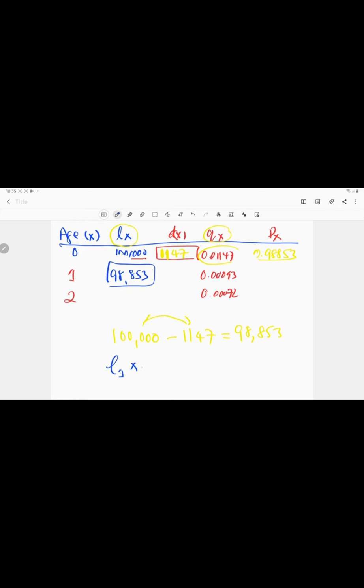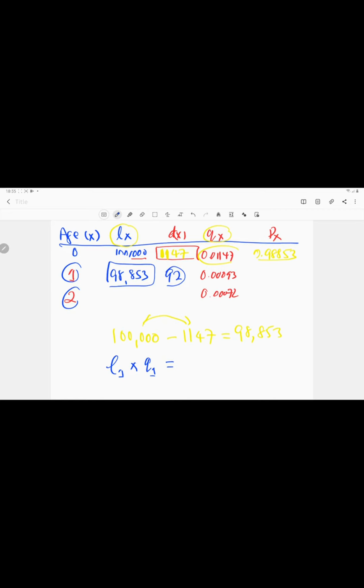If you multiply lx1 by q1, where 1 is the number here, you get a value which is 92.